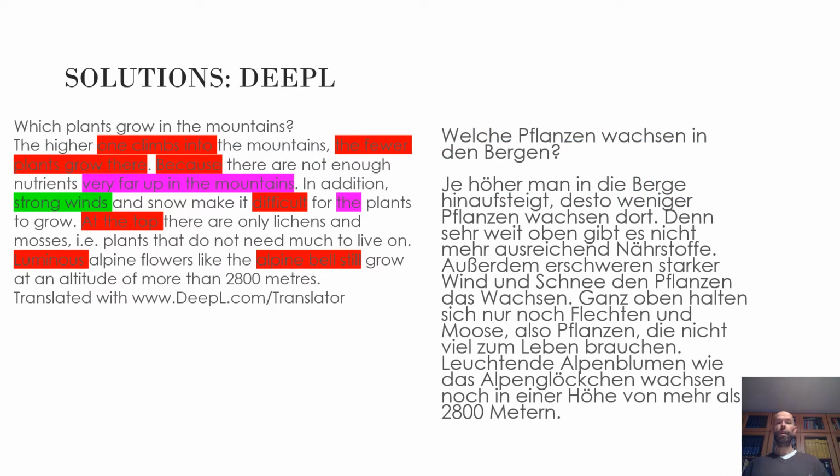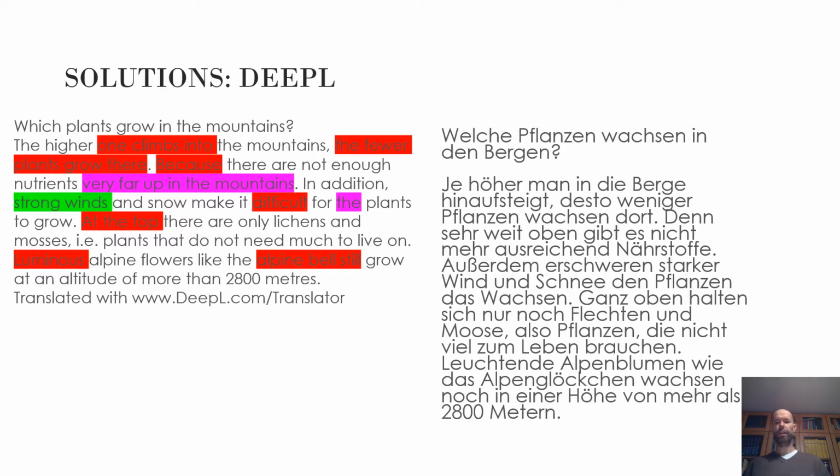Finally, let's compare our solution with that produced by DeepL. If you feed that into DeepL on the web, which I've just done, this is the solution that it comes up with. The higher one climbs into the mountains, we don't climb into the mountains, so that's slightly problematic. Also, the use of one is rather old-fashioned.